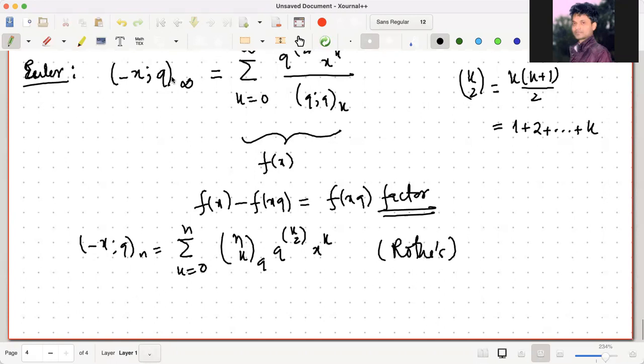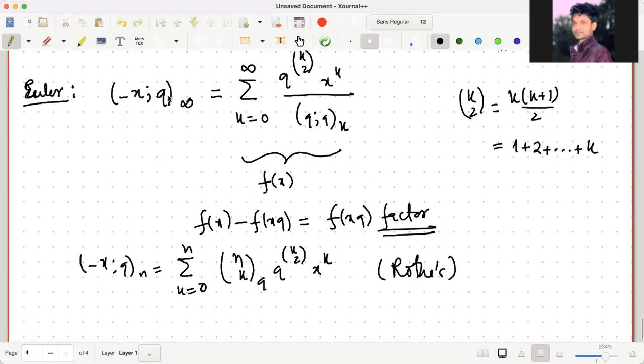If you compare these two results, this seems to be the finite version of Euler's result. So instead of infinity, we have n.